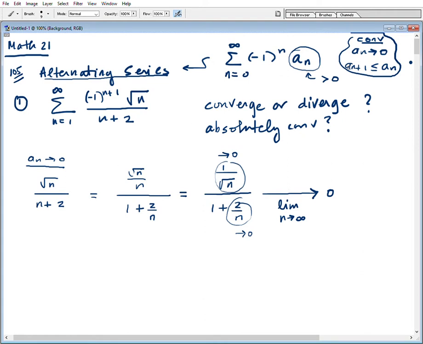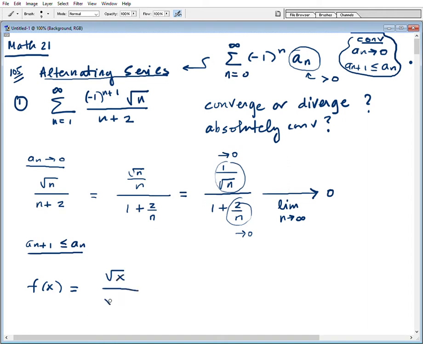And now we want to show that the terms are decreasing in this way. So this is the second thing we want to show, a_(n+1) less than or equal to a_n. So we'll look at the function f(x), just replace n with x.